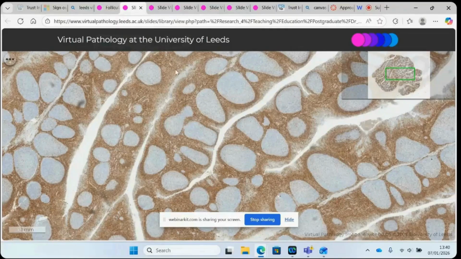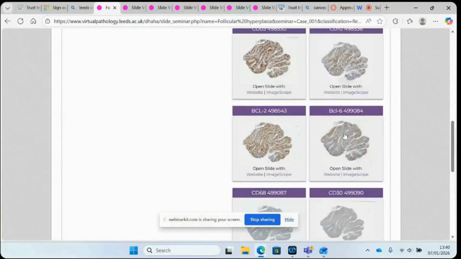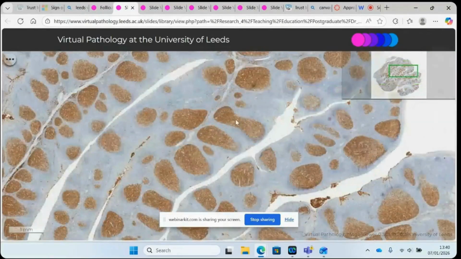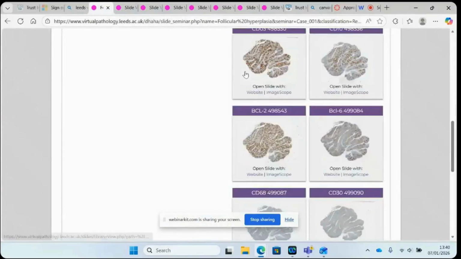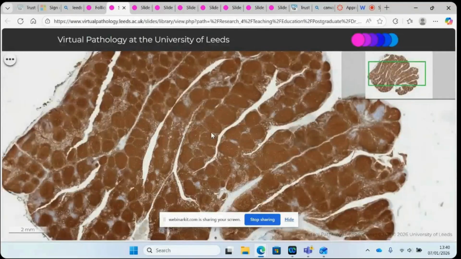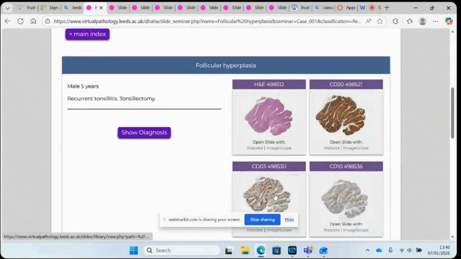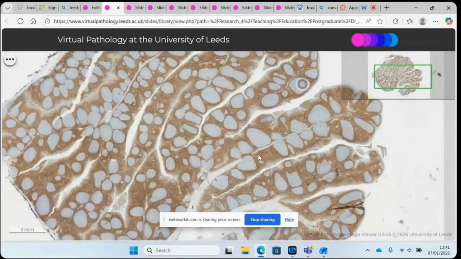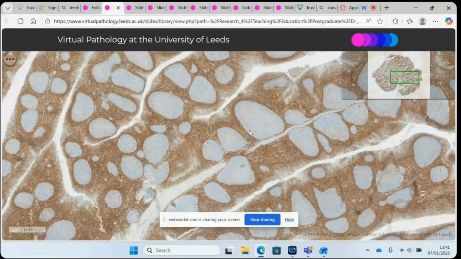But if you have a combination of positivity for CD10 and positivity for CD20 in the same areas, and negativity for BCL2, then that is follicular hyperplasia. And if you get positivity for BCL2, then that's follicular lymphoma.